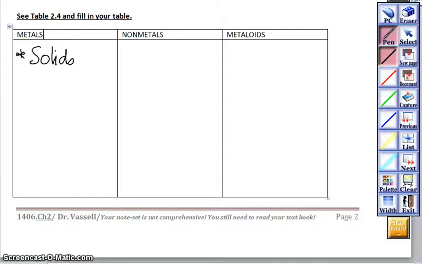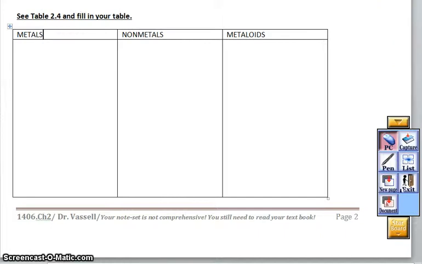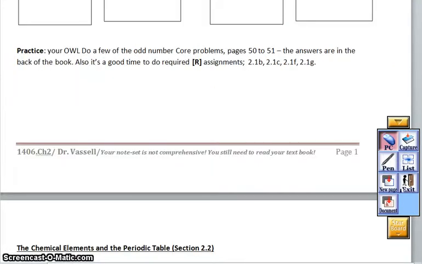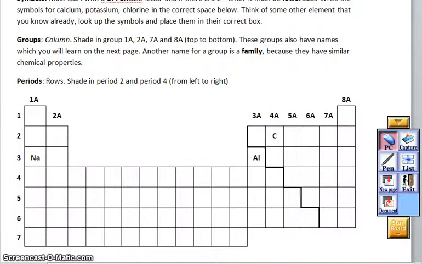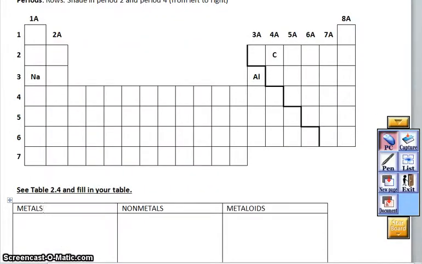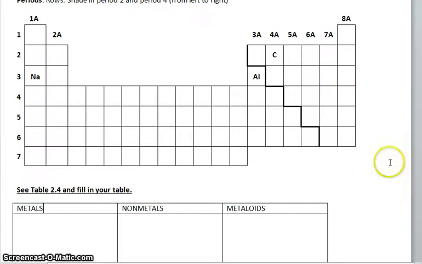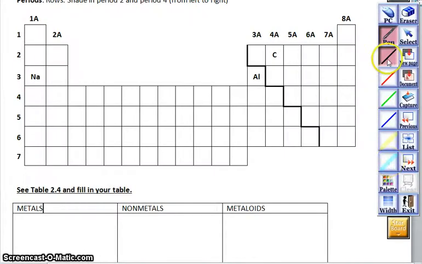I'm going to go back up to the periodic table and point out where you can find these. Notice that there is a heavy black line, and I'm going to make sure it's clear by putting this in red.